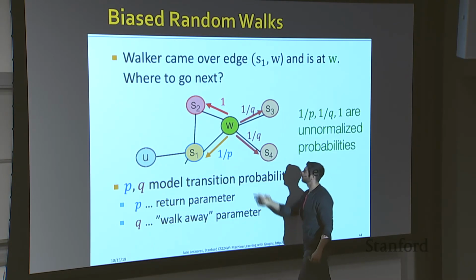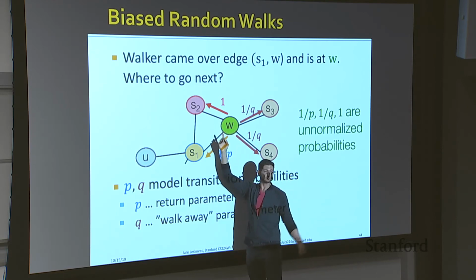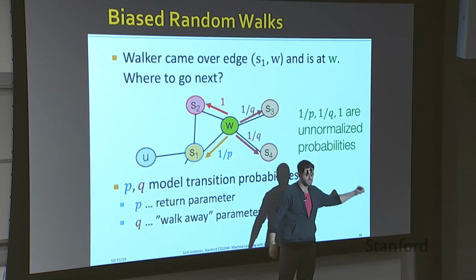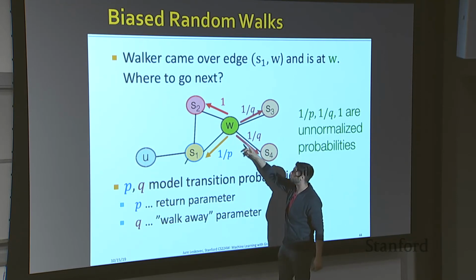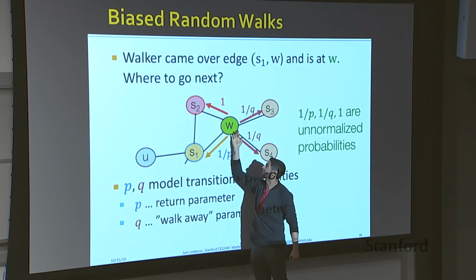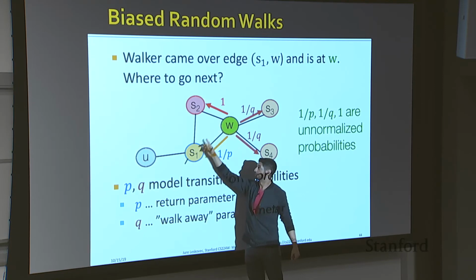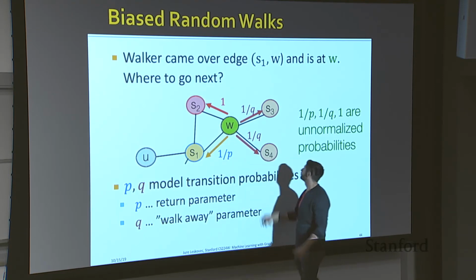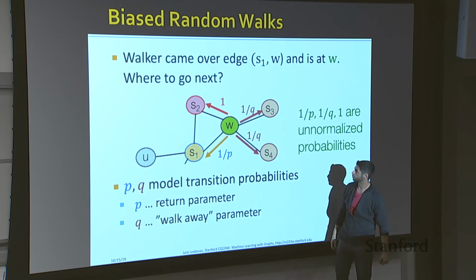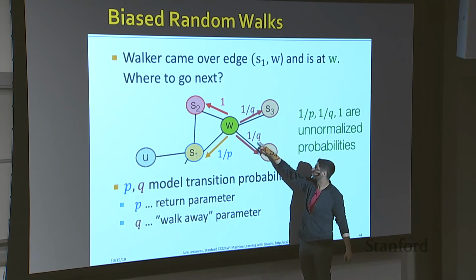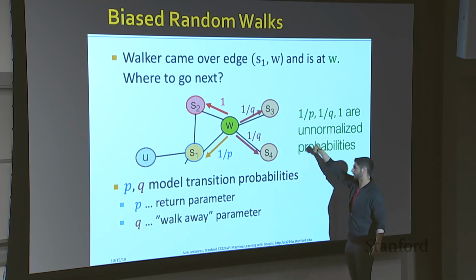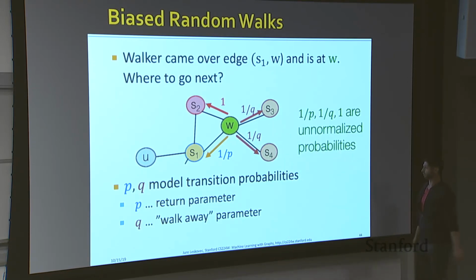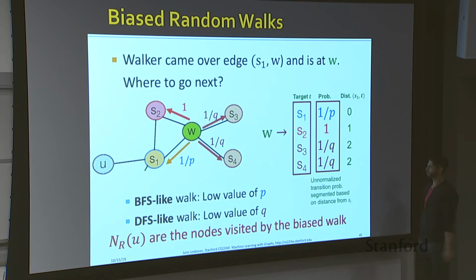Then with probability 1, and keep in mind that they are unnormalized, so we're going to normalize them at the end and make sure that they sum to 1, no worries. With probability 1, then our walker can go to S2, so basically it's performing a BFS. And then with probability 1 divided by Q, it will go out, okay? It will walk away and it will start to perform a DFS, so we'll start to explore nodes away in the graph, okay? So these are our transition probabilities, and that's how they're going to look.